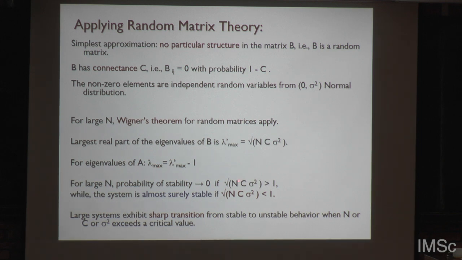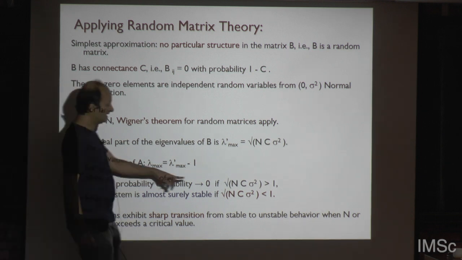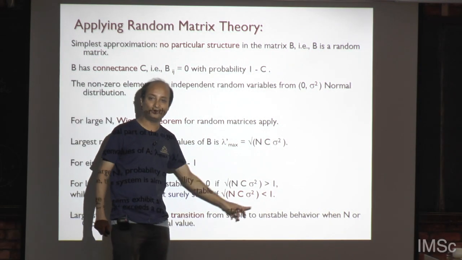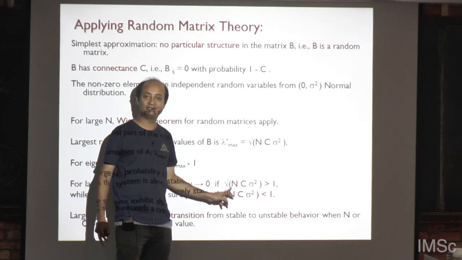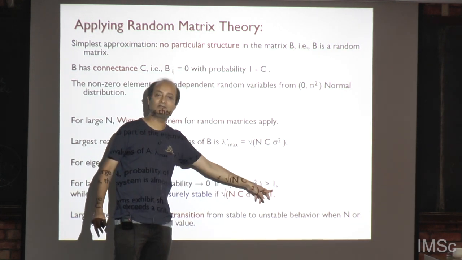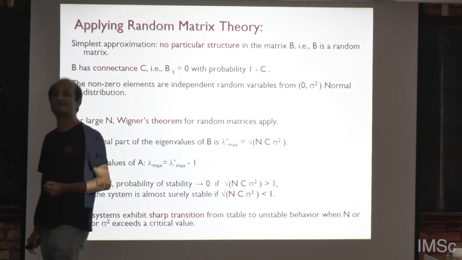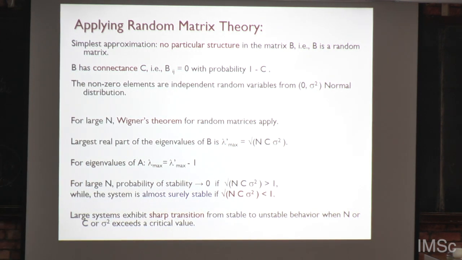If this quantity exceeds 1, you would have an unstable system, whereas if it is less than 1, you have an almost surely stable system. It is a very elegant result which says that if any or all of these quantities start becoming larger and larger, eventually this product would exceed 1, and at that point the system will become almost surely unstable.